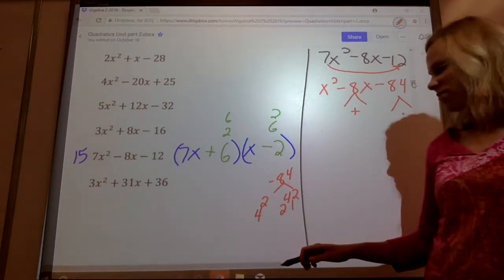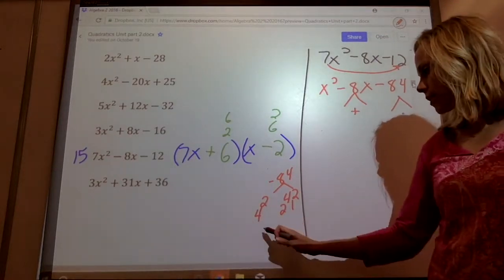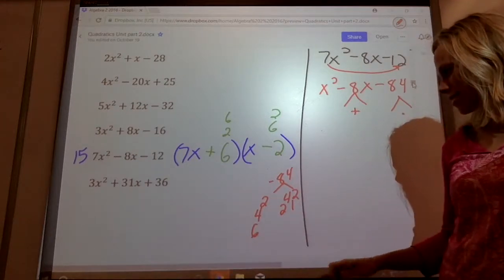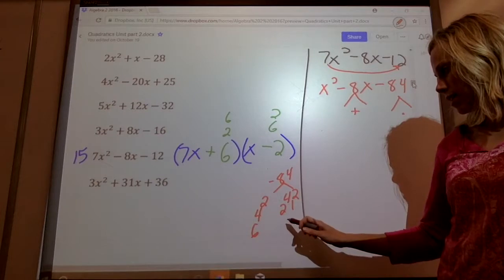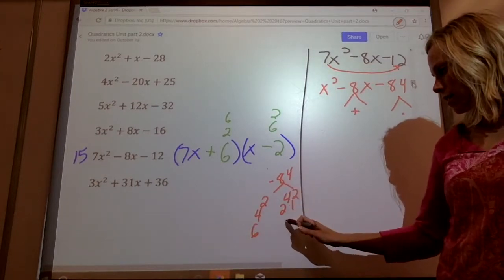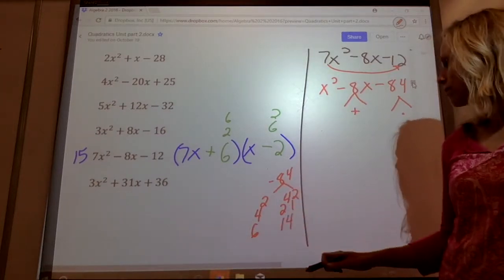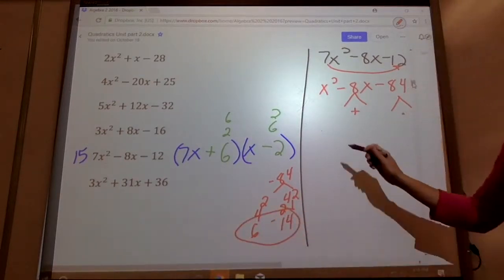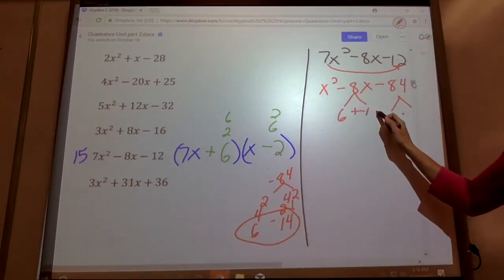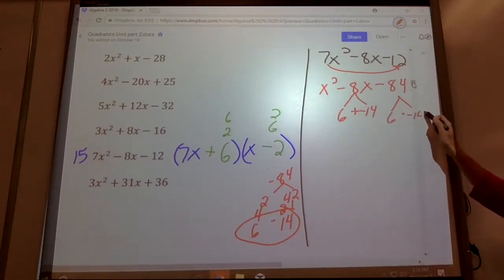What else? 6 and what? 6 and 14. And there it is, right? 6 and negative 14.